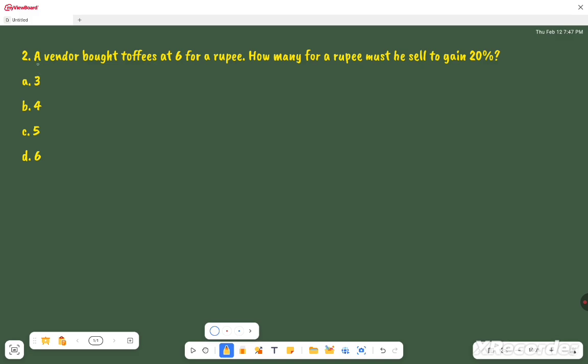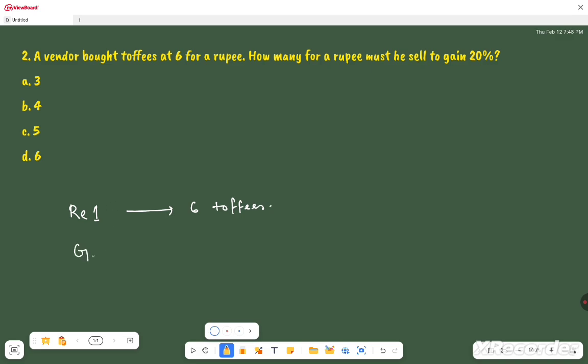Let's read the next sum. A vendor bought toffee at 6 for a rupee. That means for 1 rupee, he was buying 6 toffees. How many for a rupee must he sell to gain 20%?